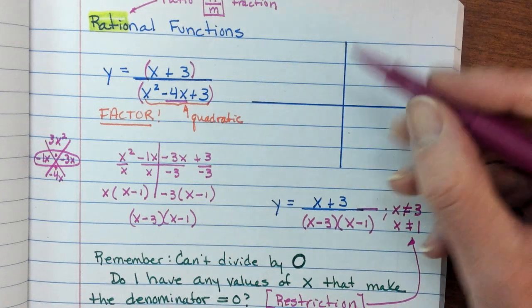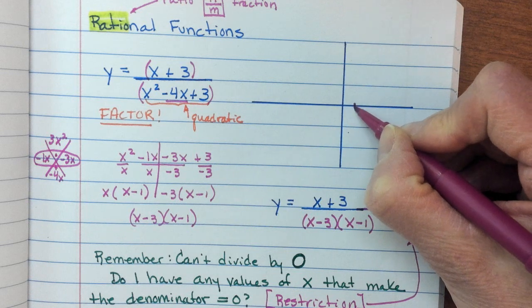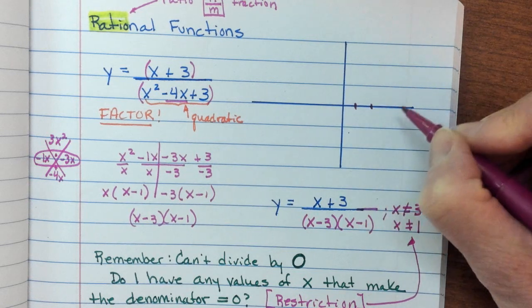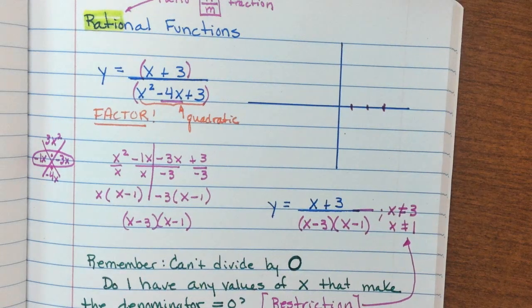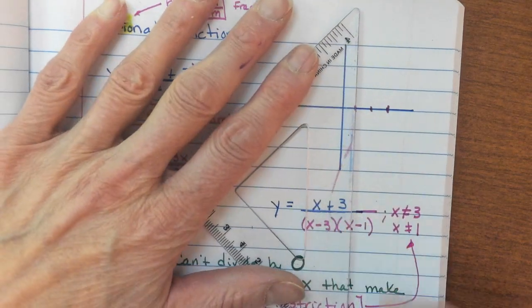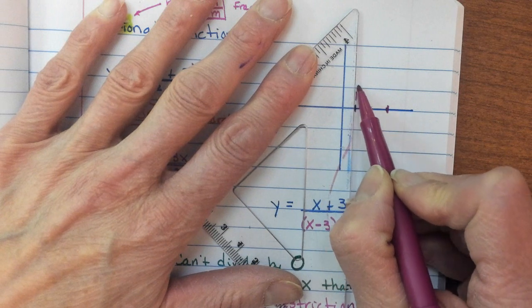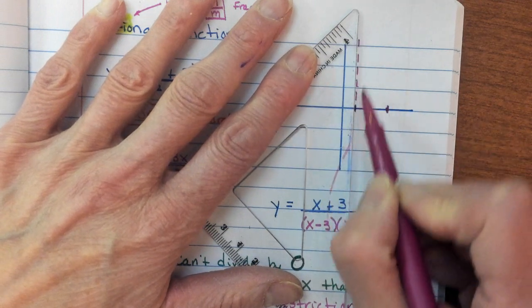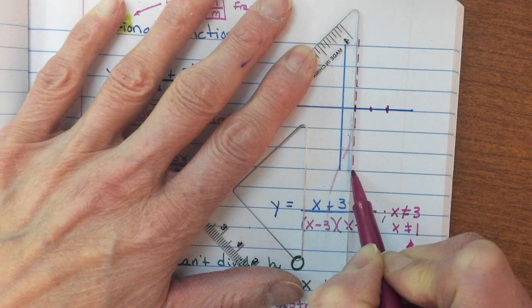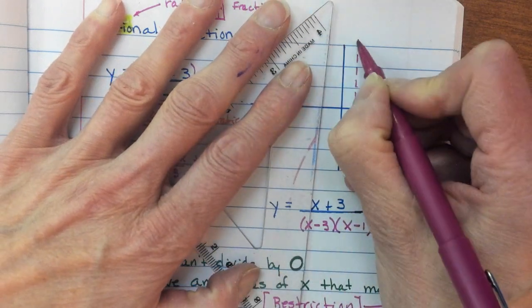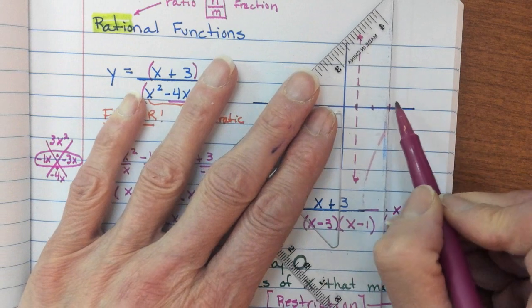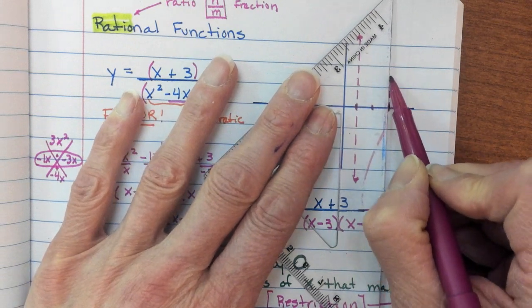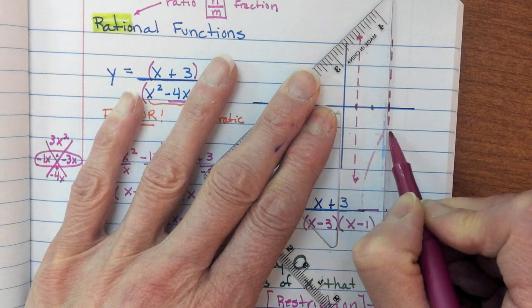So where x is 1 would be about here, and where x is 3 would be here. So remember, x is 1 everywhere along here. That's a vertical line. And I'm doing it dashed because this is not a part of my function. That's just a restriction.